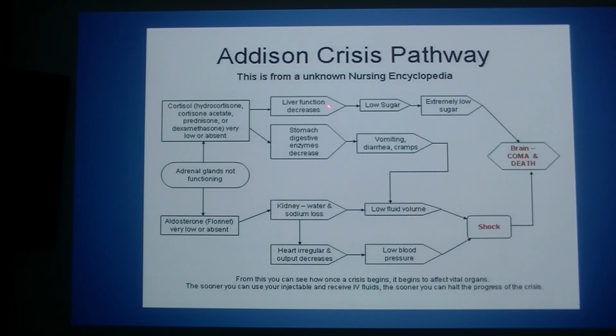Then you have some sort of malfunction, whether it be liver function, stomach function, kidney function, or heart function malfunctioning. You have low blood sugar, vomiting, diarrhea, low fluid volume, low blood pressure, extremely low blood sugar, and then we end up with shock, coma, and death. All pathways lead to coma and death.